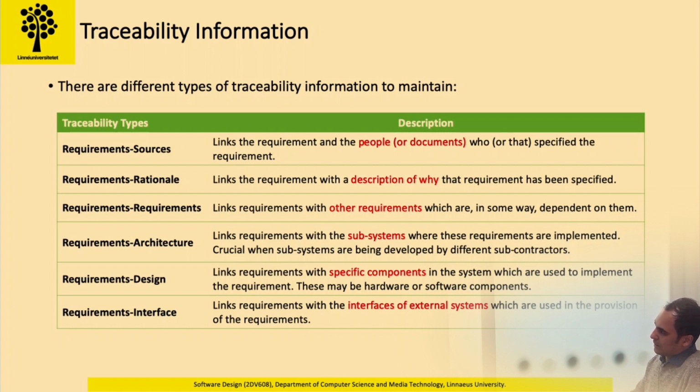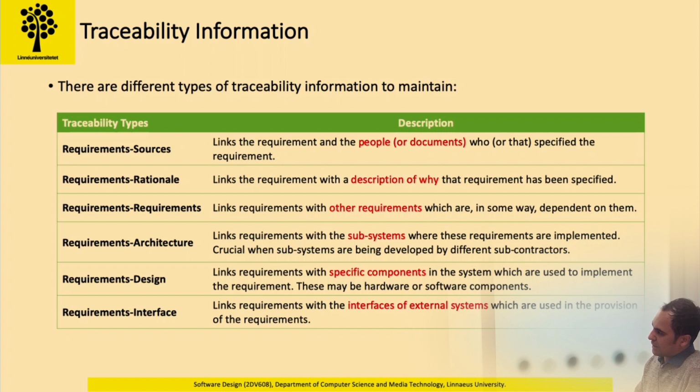Basically this makes a relationship between the requirements and the stakeholder, and this relationship tells why that stakeholder proposed this requirement. And this is simply requirements to requirements, that was in the previous slide.